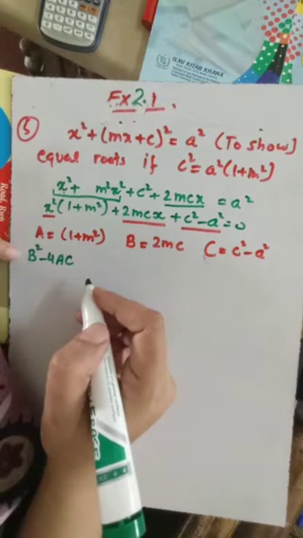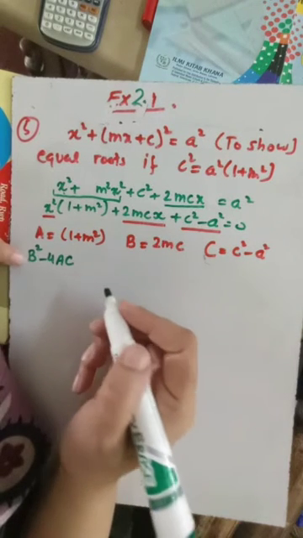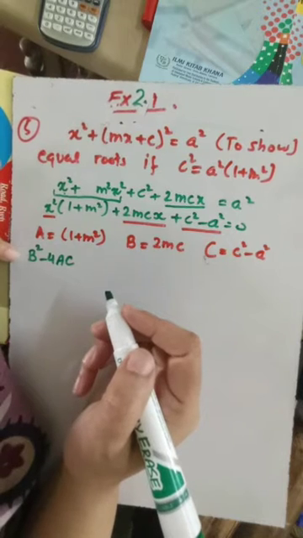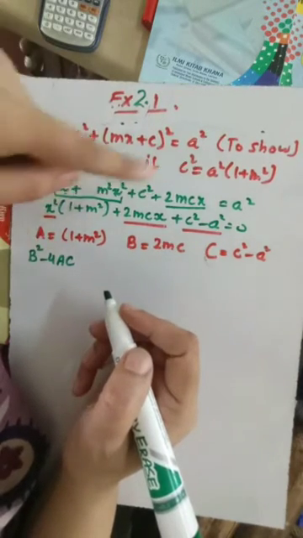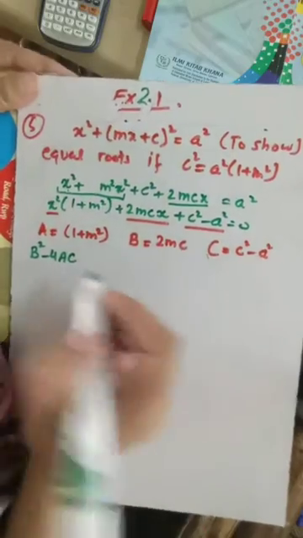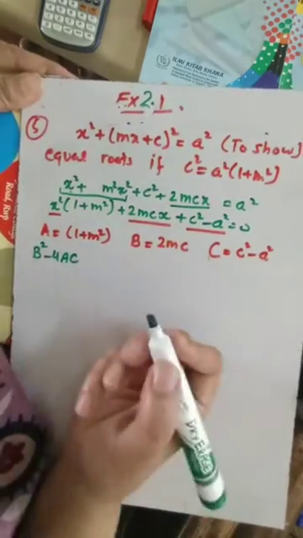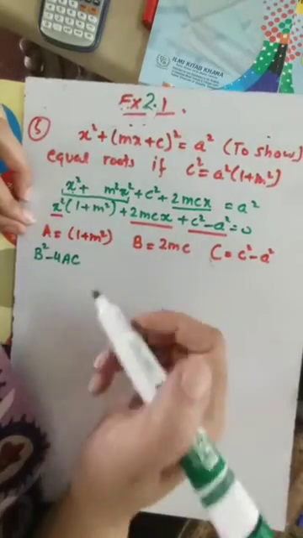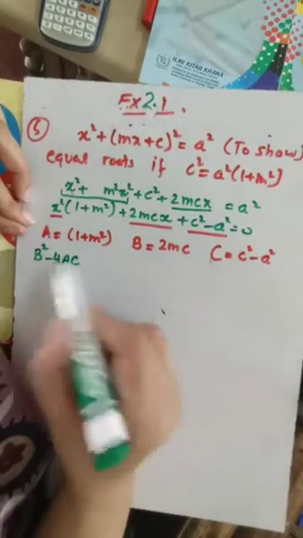I am going to find the condition for equal roots by making this equal to 0, okay. We are going to find the condition under which this b square minus 4ac will be equal to 0, and we have to prove that that condition is this expression. Let me prove it. Let us first calculate b square minus 4ac so that we can get the expression for that. After that we will think over how to make it equal to 0, okay.